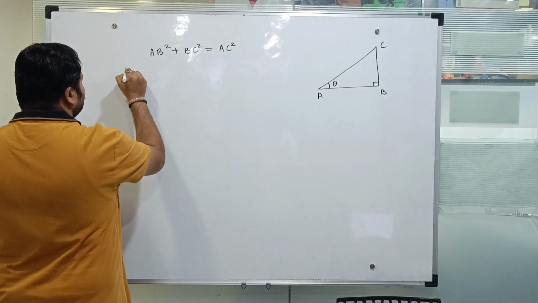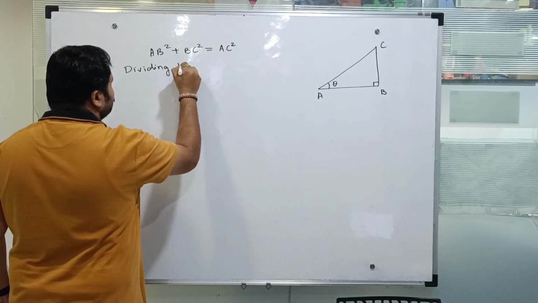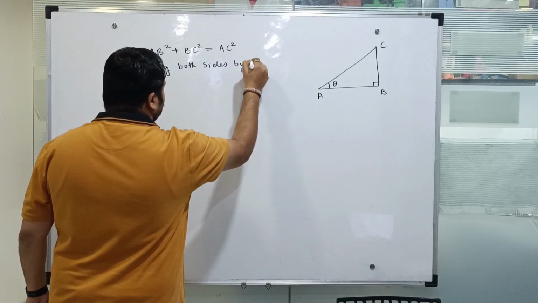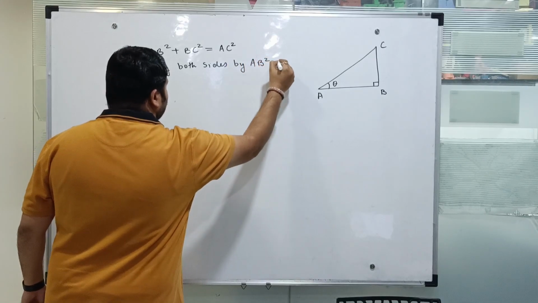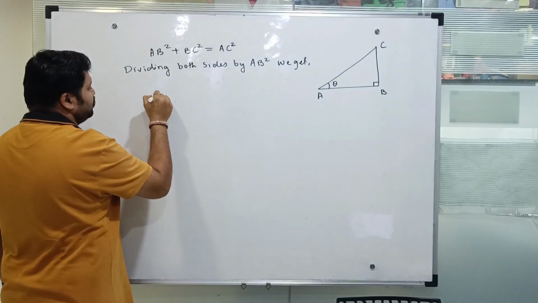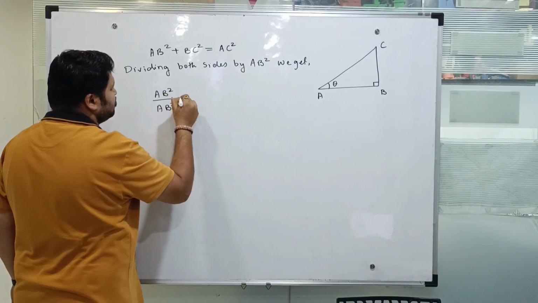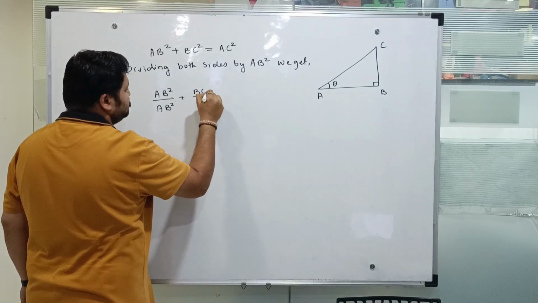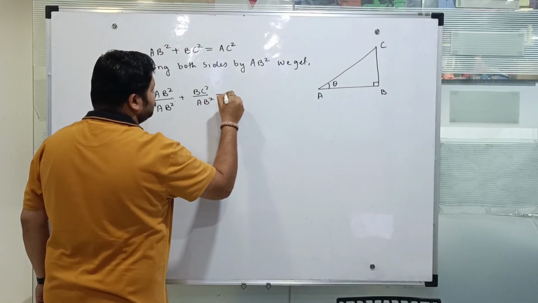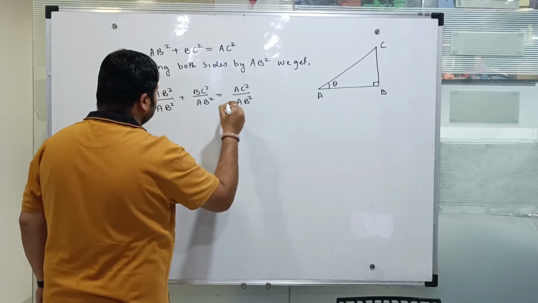So we will say, dividing both sides by AB square we get AB square divided by AB square plus BC square divided by AB square is equal to AC square divided by AB square.